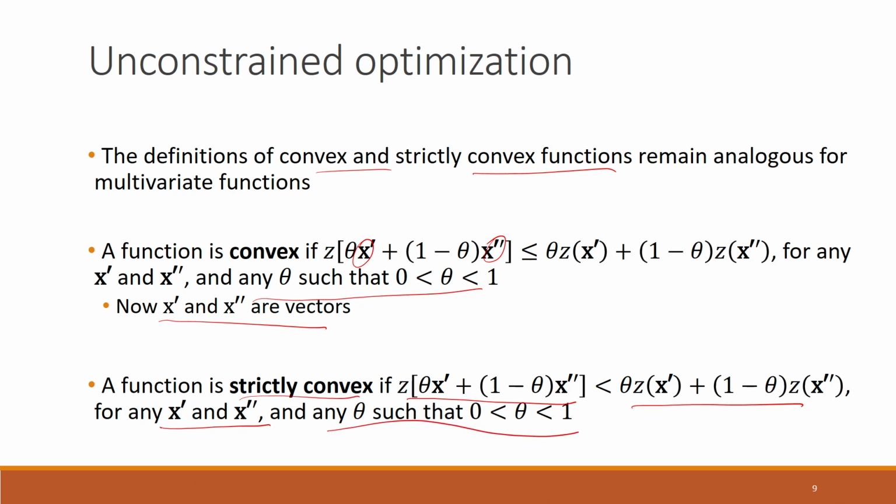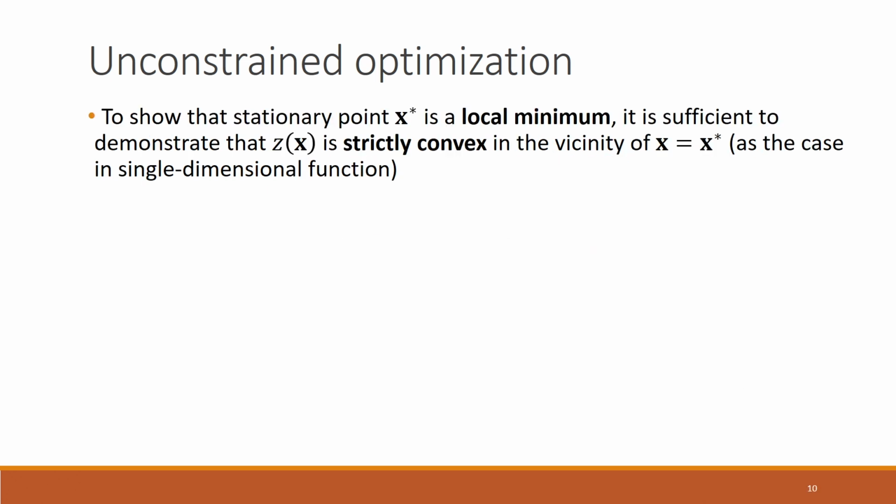Again, this is defined in the same way as the strictly convex function, just that now x dash and x double dash are vectors, unlike the single variables we had before. To show that the stationary point x star is a local minimum, it is sufficient to demonstrate that z of x is strictly convex in the vicinity of x equal to x star, same as in the single dimension case.